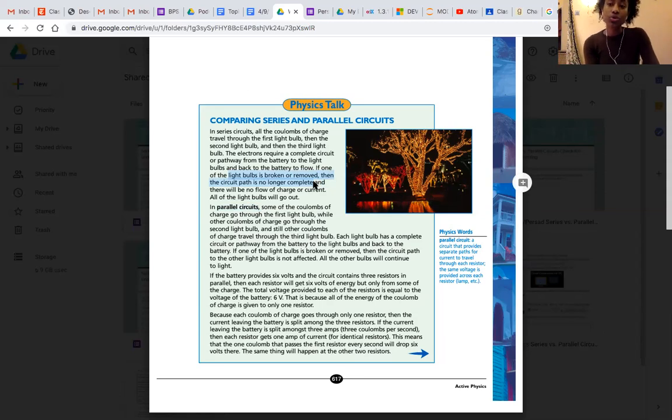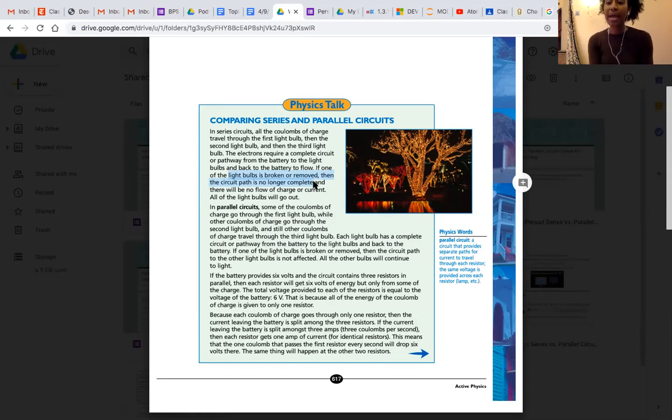If you've ever used Christmas lights and noticed that one of your lights is broken and the rest don't work, that's because your Christmas lights are often wired in series. If any part of the circuit is broken, it's not a complete circuit and all of the light bulbs will go out. So in series, because you share, you need a complete circuit or else all the light bulbs go out.